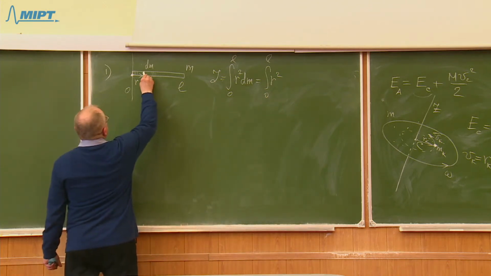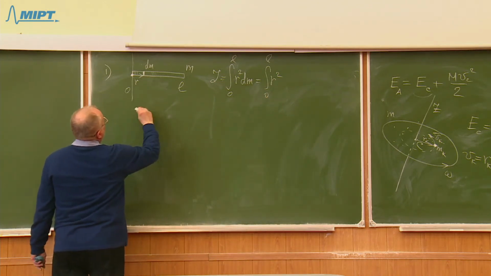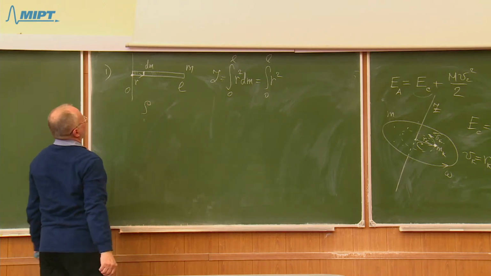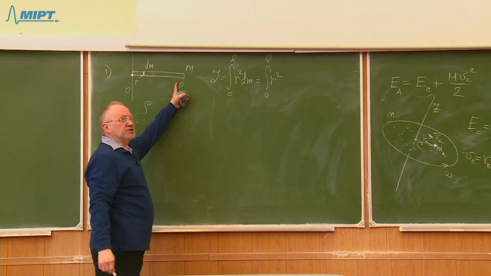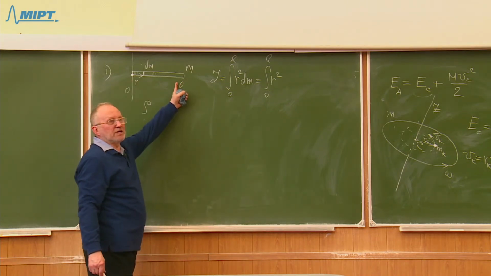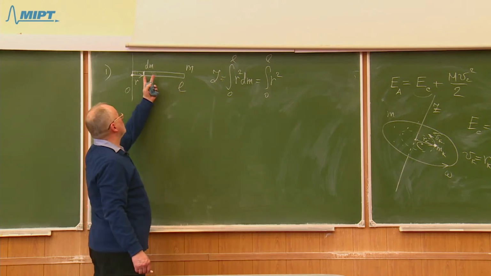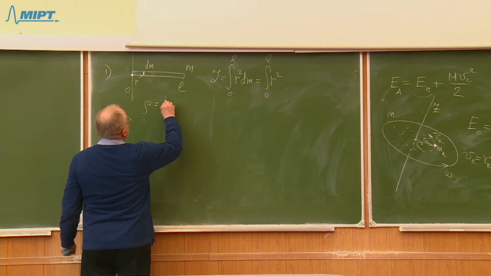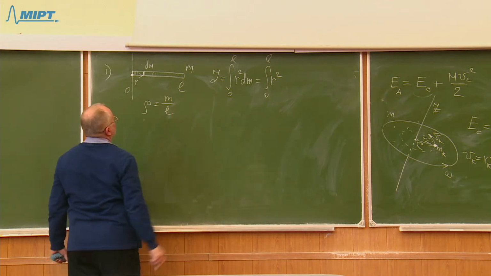In order to find dm, we must calculate the density of this rod, which in the one-dimensional case, the linear density, will be the mass per unit length. The mass per unit length will be the total mass divided by length.